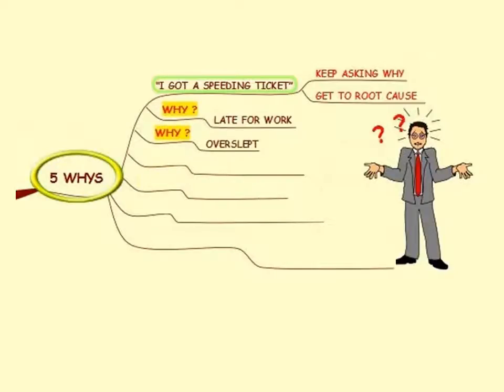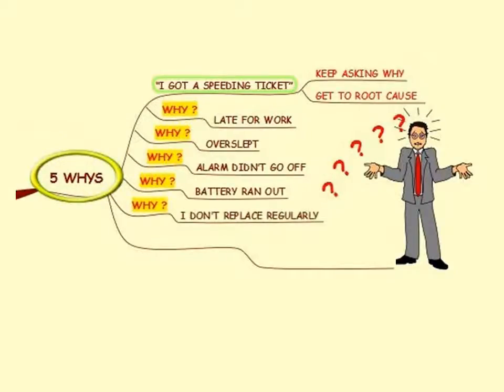Why? Because I overslept. Why? Because my alarm didn't go off. Why? The battery ran out. Why? I don't replace it regularly. So this can lead us to the countermeasure of check, replace your battery in your alarm clock at regular intervals. Nothing to do with driving or anything else.